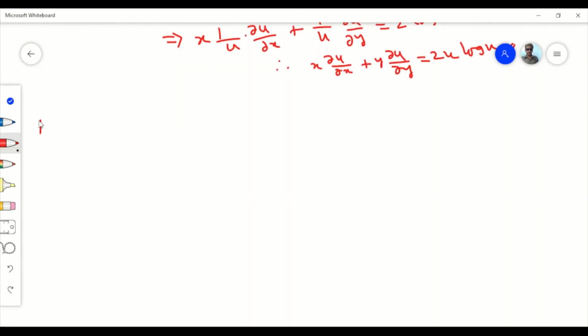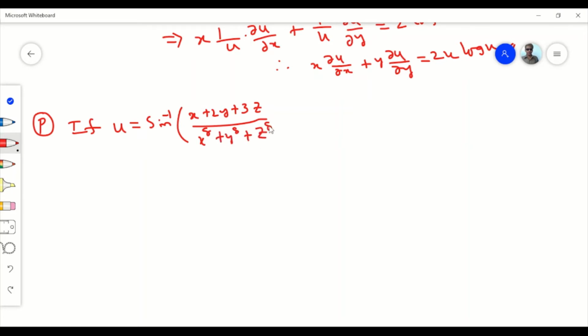Now, let us take one more problem. If u equal to sin inverse of x plus 2y plus 3z by x power 8 plus y power 8 plus z power 8.